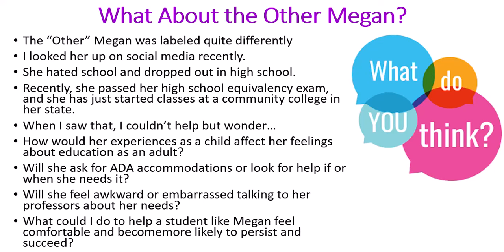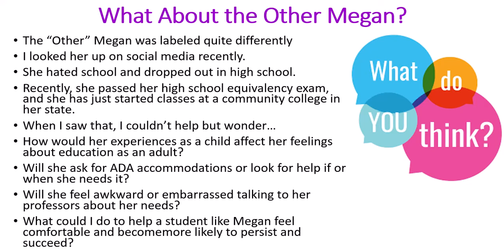Now, again, in the live presentation, we had some discussion about this, but basically, my suspicion is that she would be very hesitant to get those ADA accommodations, and I don't feel comfortable enough to ask her. But I would presume that possibly she would be hesitant to get those accommodations because in the past, she has been labeled and treated differently because of her diagnosis.